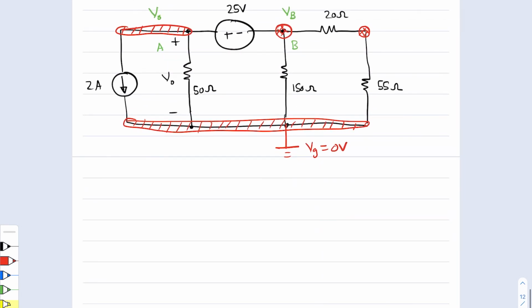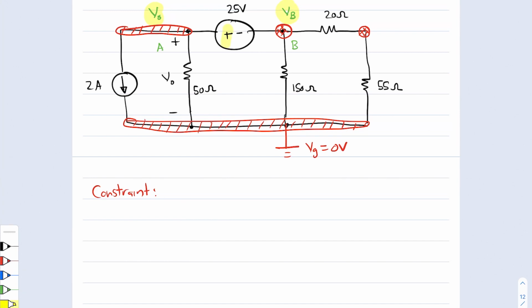So immediately, we have to come up with a constraint. And the constraint is, well, VB and V naught.